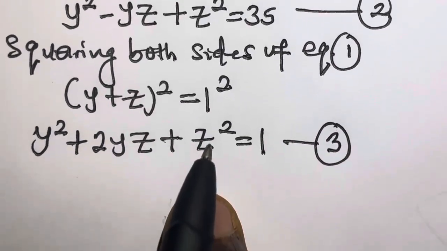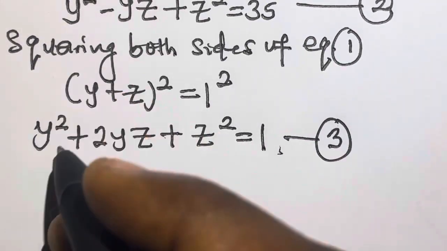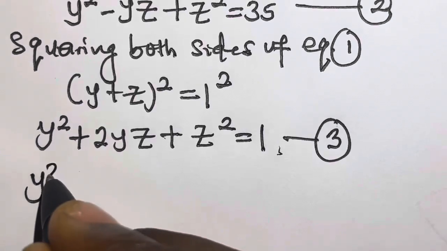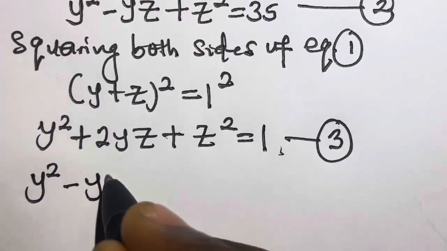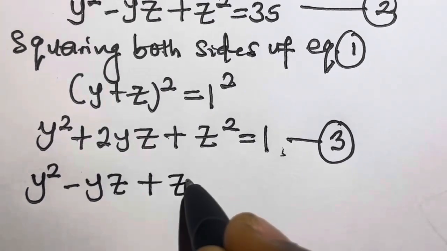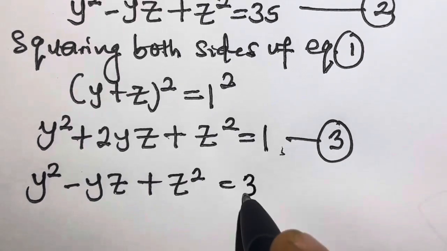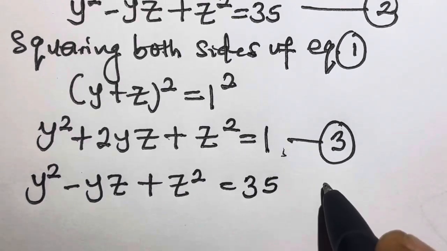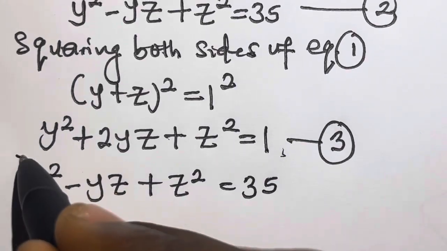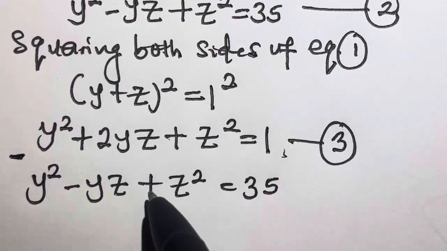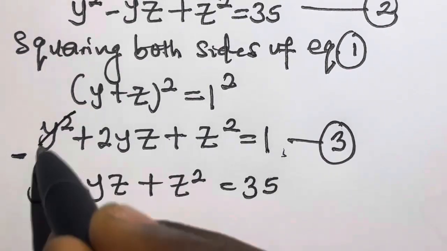Since we have equation 3, let's remember that our equation 2 is y square minus yz plus z square equals 35. Now let's subtract equation 2 from equation 3. If we do, we know that this will cancel this.